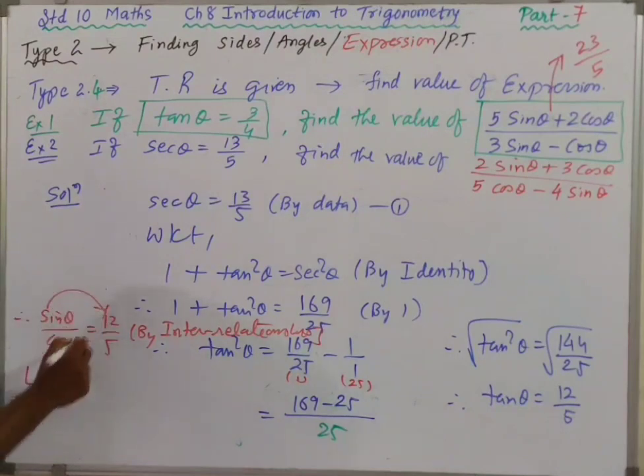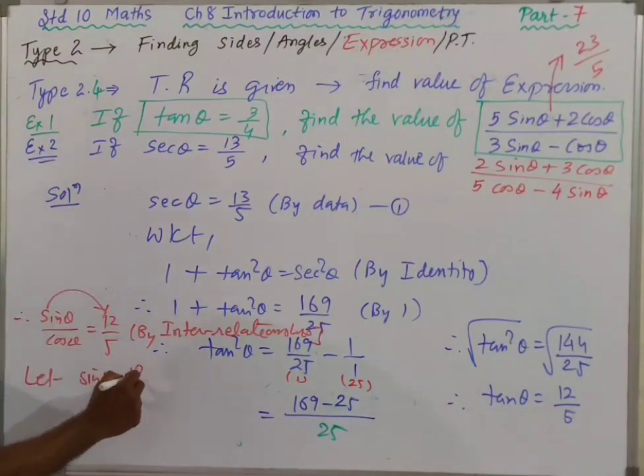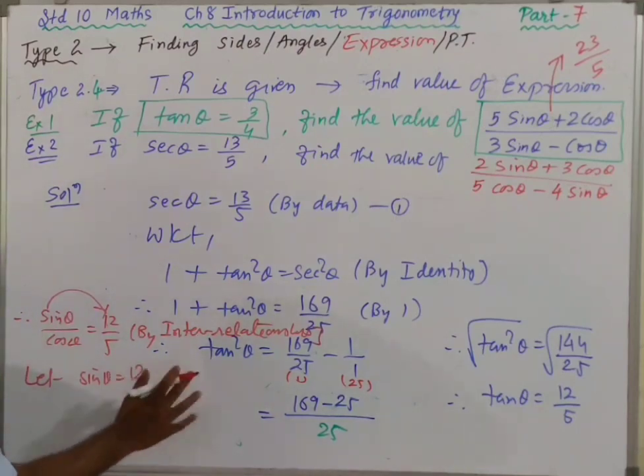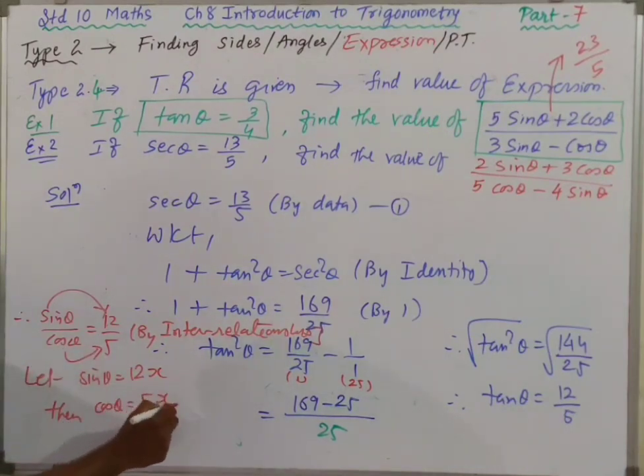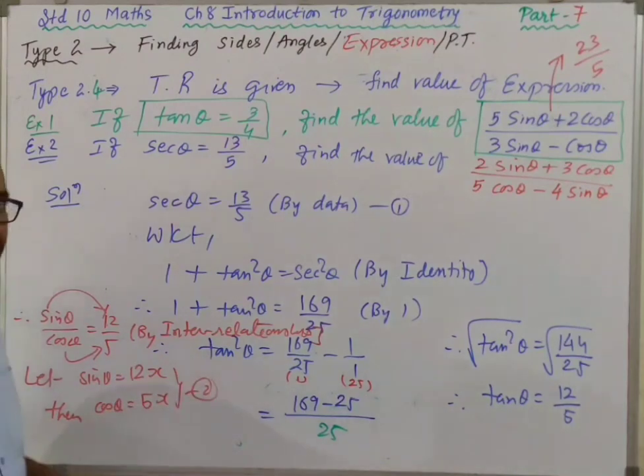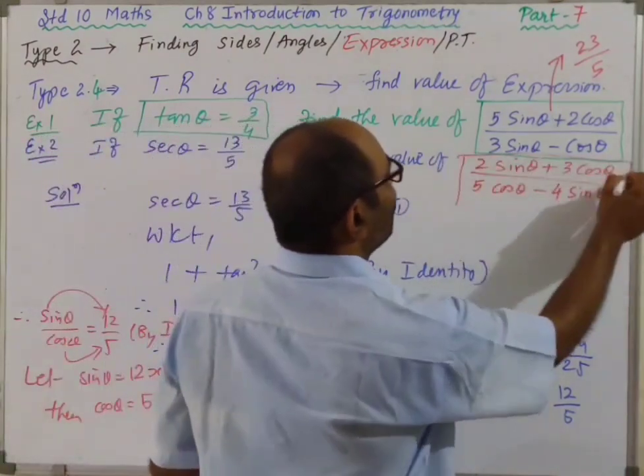Let sin theta be equal to 12a. I put small a instead of k, or I can put x if I want. Then what will be cos theta? 5x. Call it result number 2. Now pick up this value.